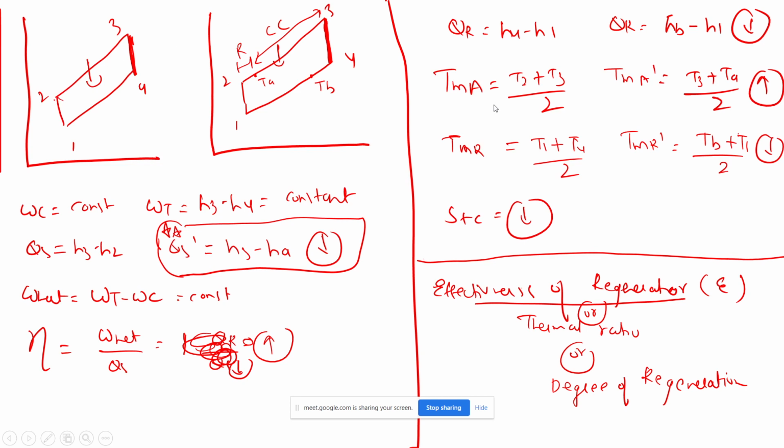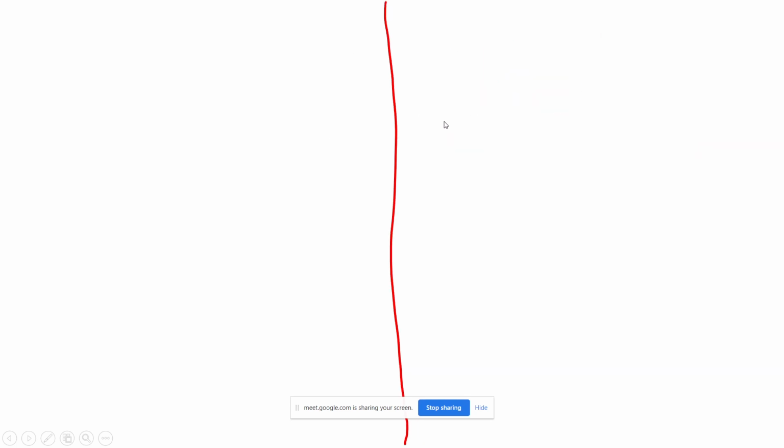Because in the ESE exam they generally ask this, and they can also ask this question in the GATE exam for 1 mark. That's why I have given you this. It is the mean temperature at which heat is being supplied, or you can say the average temperature.